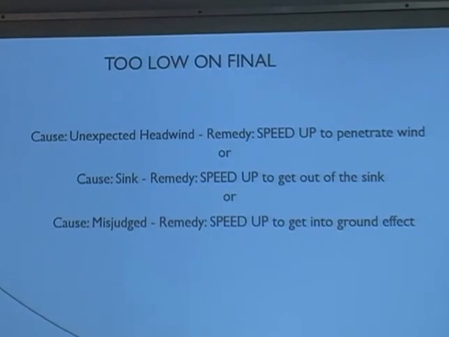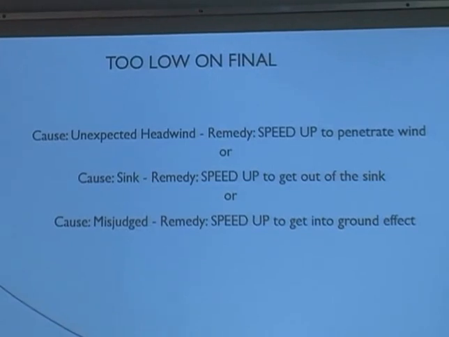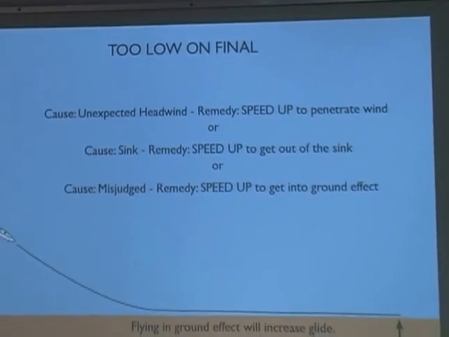So that'll help you get out of that strong wind. If you hit some strong sink, then obviously you want to get out of that sink, so you need to speed up. If you just misjudged and you just came in too low, so there's not any particular bad headwind or bad sink, it's just you're in the wrong spot.